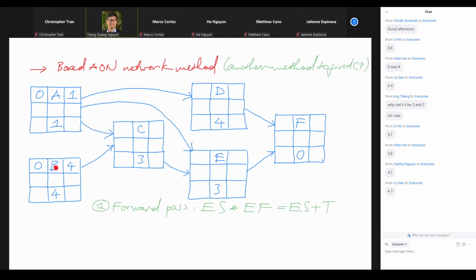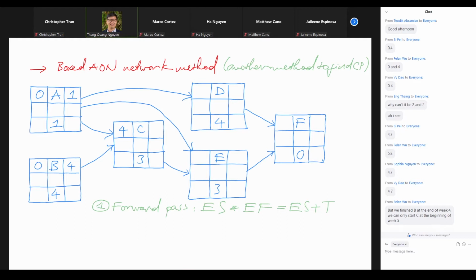You have to finish B first before we start C. So that's why the number here needs to accommodate the numbers before it, right? So that's why the answer here would be 4 p.m. or at the end of the 4th week, right? So even though, fine, we finished B at the end of the 4th week.